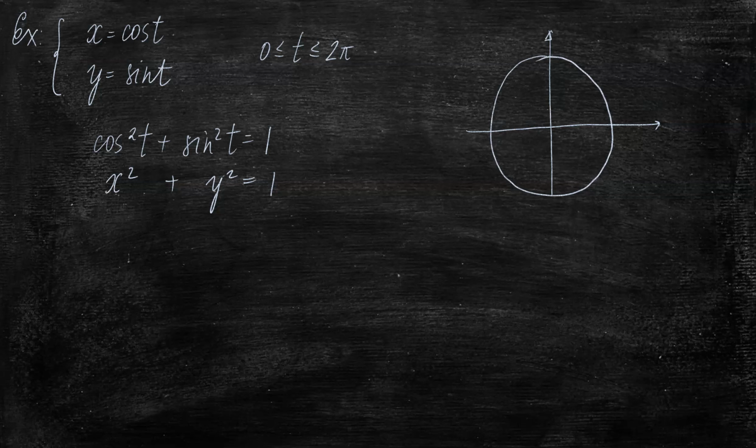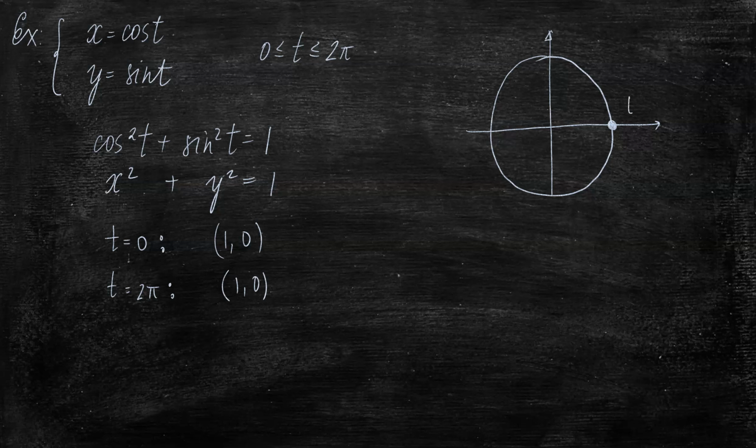So again, the parametric curves are more than just functions. They have direction and initial and terminal points. So in this case, our initial point will be at 0. And the terminal point will be at 2 pi, which also seems like the same point, right?